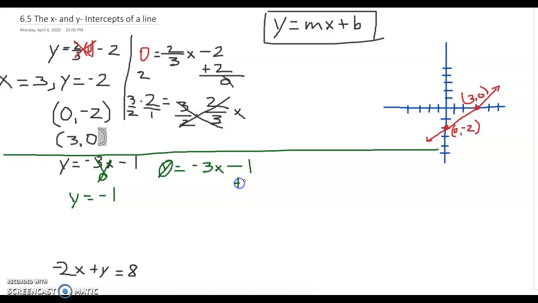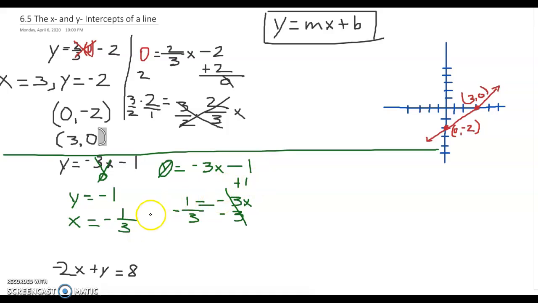So let's keep moving forward. We're going to go plus 1. So we have 1 equals negative 3x. We're going to just divide it, and then we're going to divide by negative 3. And that's going to be our answer. So we have x equals negative 1 over 3.